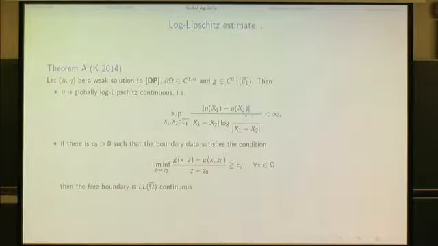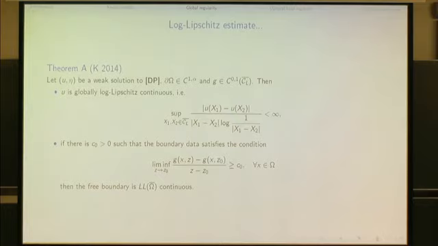In fact, you can slightly strengthen this statement and say that your free boundary is going to inherit exactly the same regularity that your u has. Imagine if you somehow managed to get Lipschitz regularity up to the boundary for your weak solution, then your free boundary in this case would be a Lipschitz continuous graph.